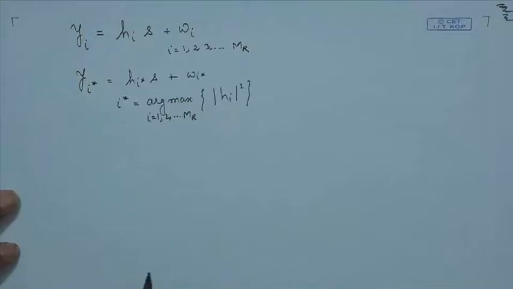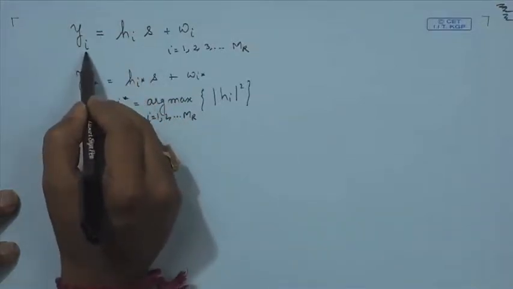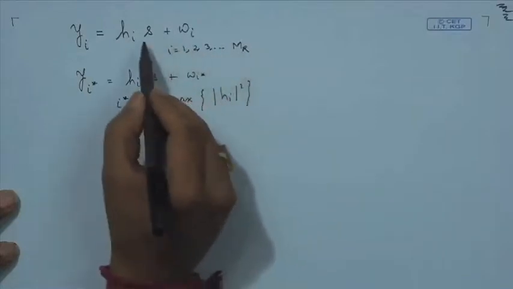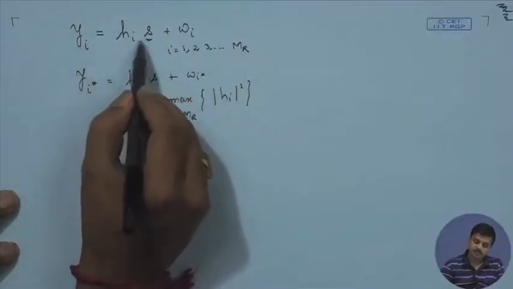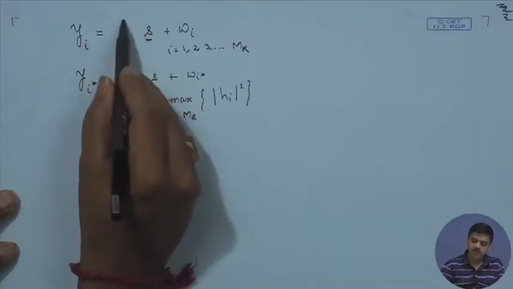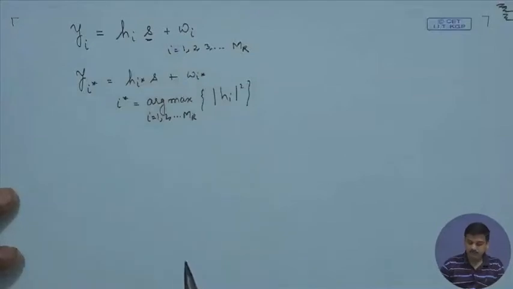What this essentially means is that this is the received signal in the ith branch. Whether i is 1 or m_r, the same received signal is being captured, but it is weighed by a different complex coefficient, and something else is added.